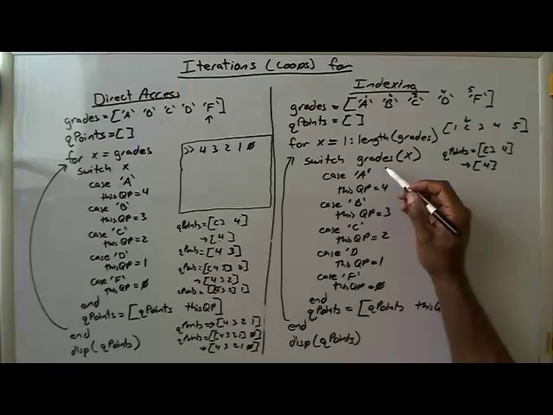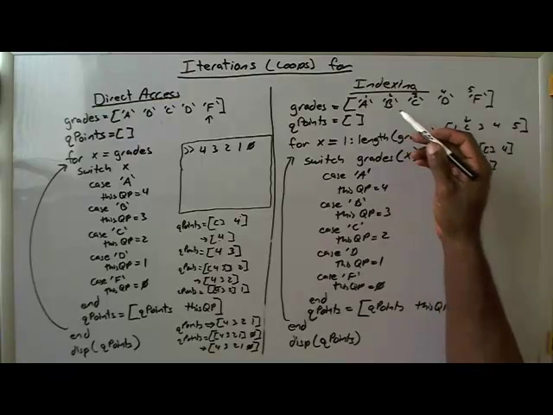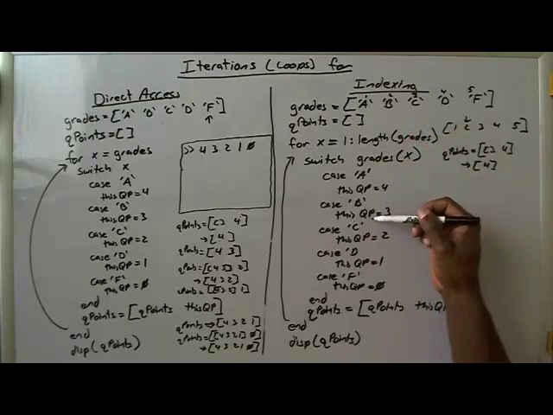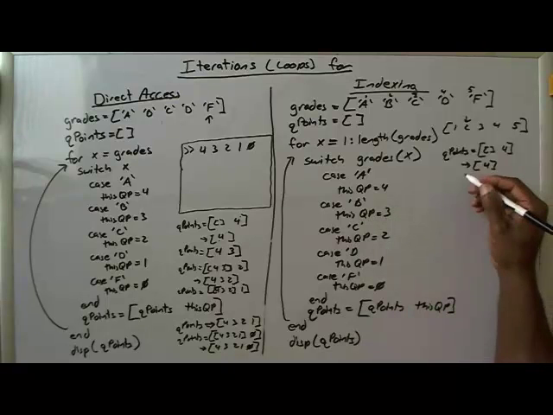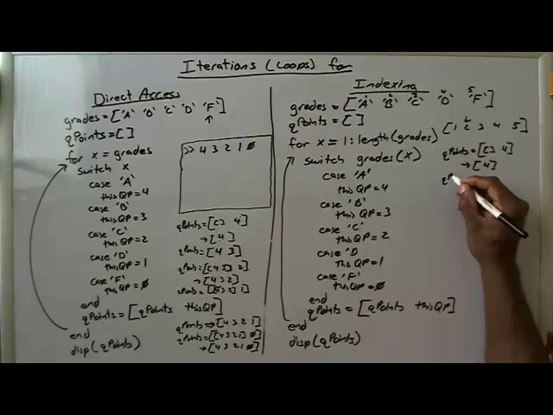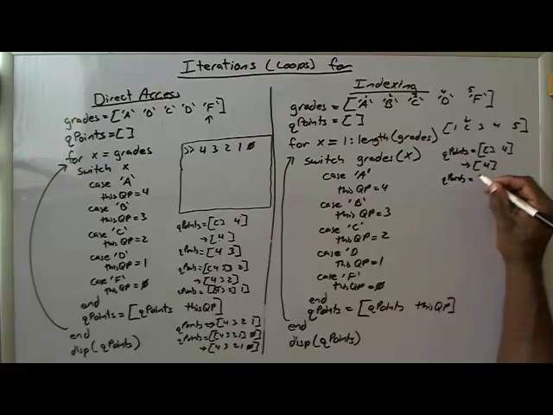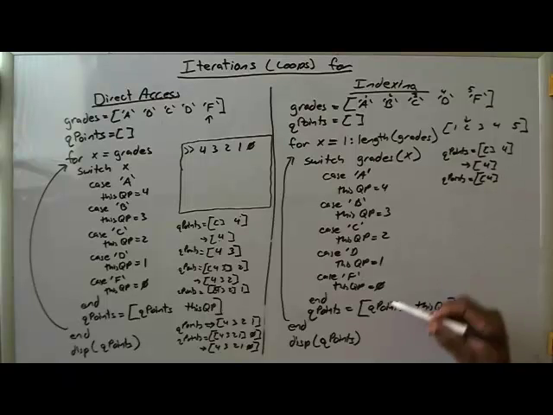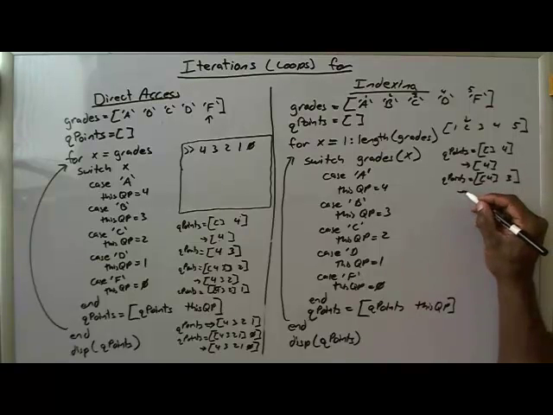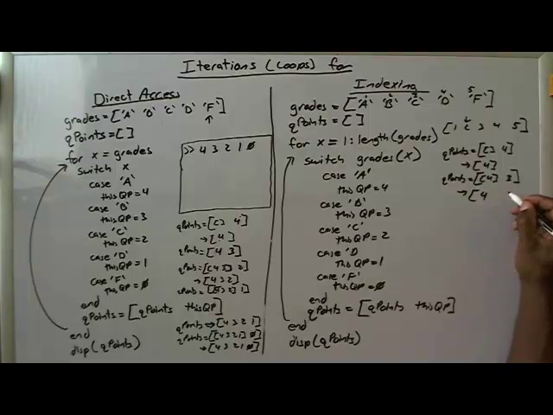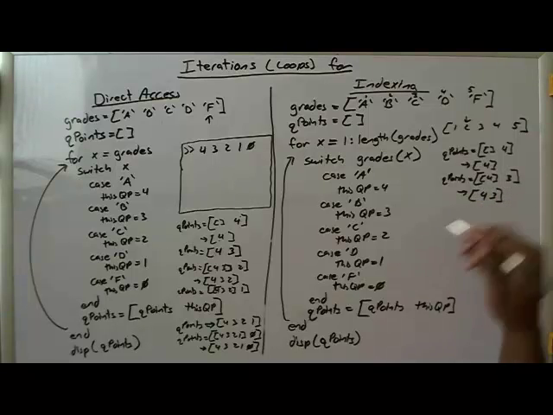So now I'm switching on grades indexed at 2, which is the value B. That case says that this QP is 3. I go down here, my Q points is going to be my old value of Q points, which is the vector 4, concatenated with this QP, which is now 3. So therefore, Q points now equals the vector 4, 3.